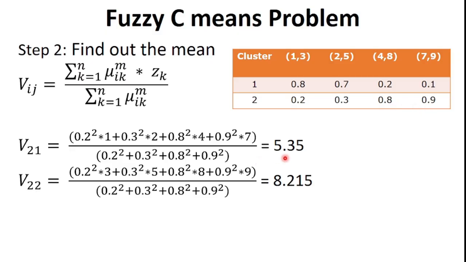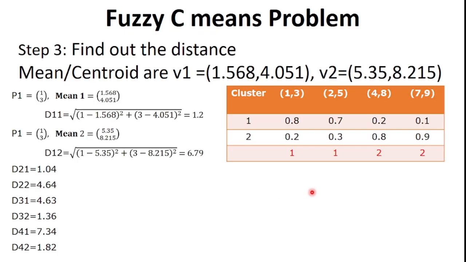If you simplify you will get 5.35. Same way for V22, if you simplify you will get 8.215. So now you get the mean centroids of the two clusters, namely V1 for the first cluster and V2 for the second cluster. V1 is 1.568, 4.051, and V2 is 5.35, 8.215 respectively.